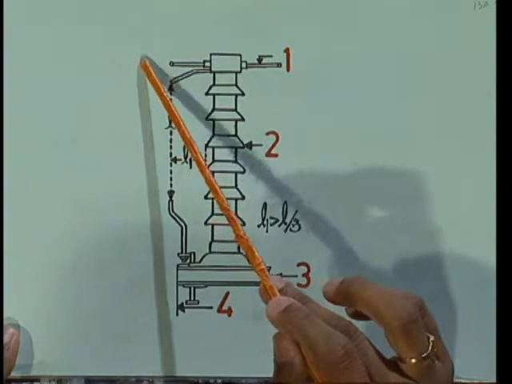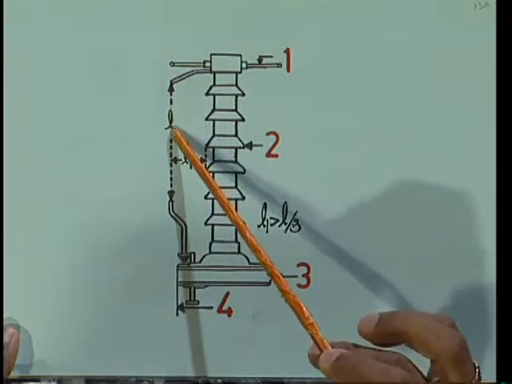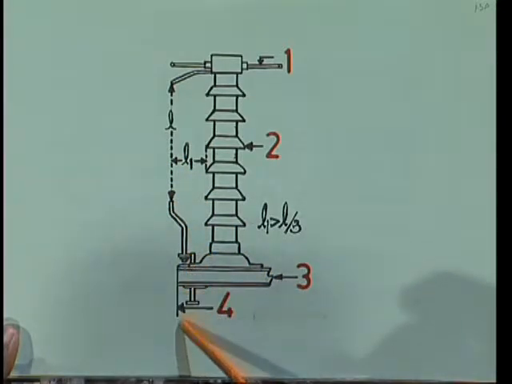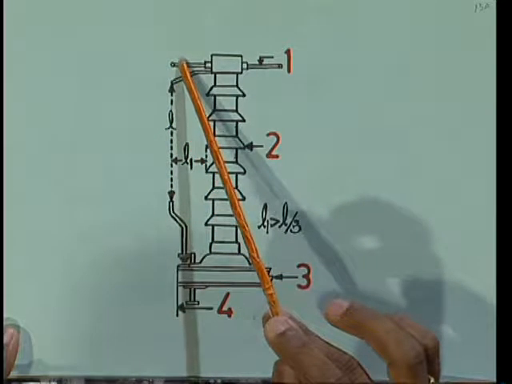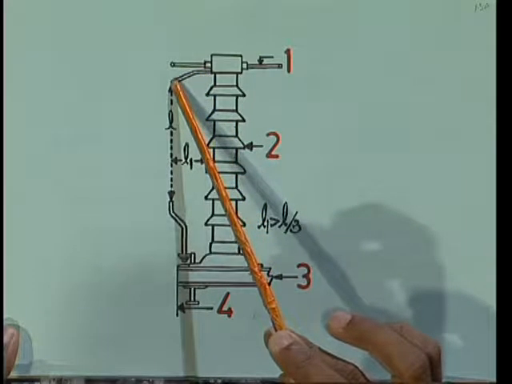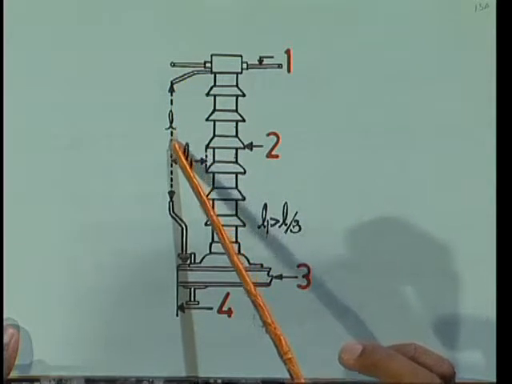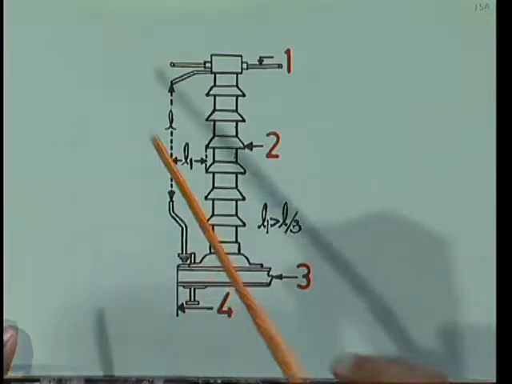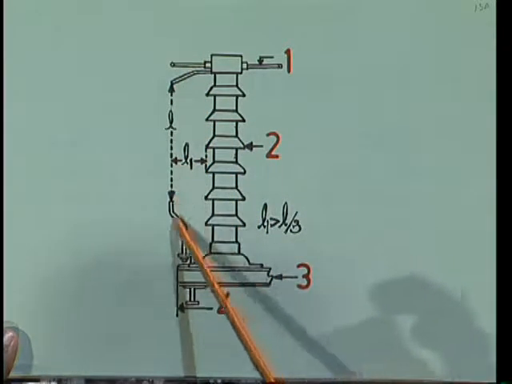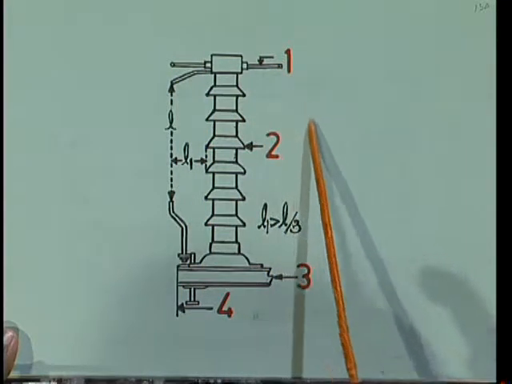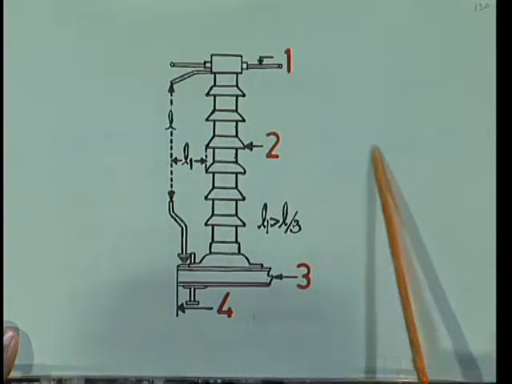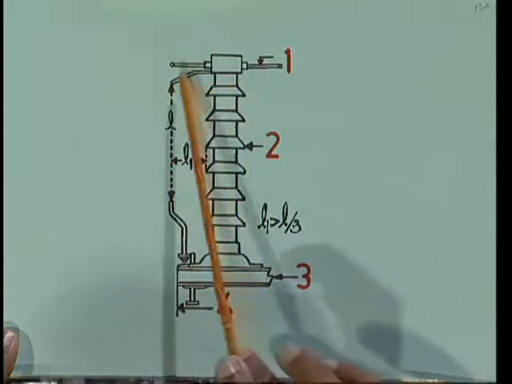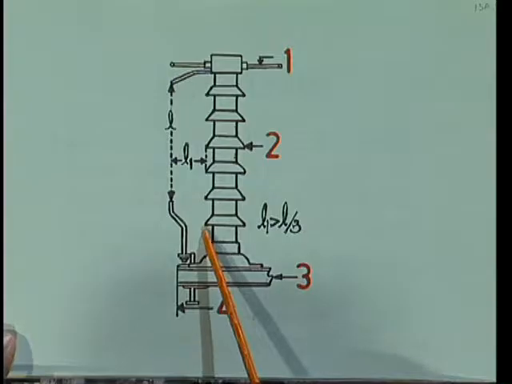Therefore, the high voltage is diverted through the rods to the earth. That is, the high voltage comes from the line, enters the upper rod, goes through the ionized path to the lower rod, and from the lower rod to the earth. So the high voltage is diverted like this, and it will not go to the winding. Therefore, the winding of the transformer is protected against lightning voltages or travelling voltages. Like this, the rod gap arrestor works.